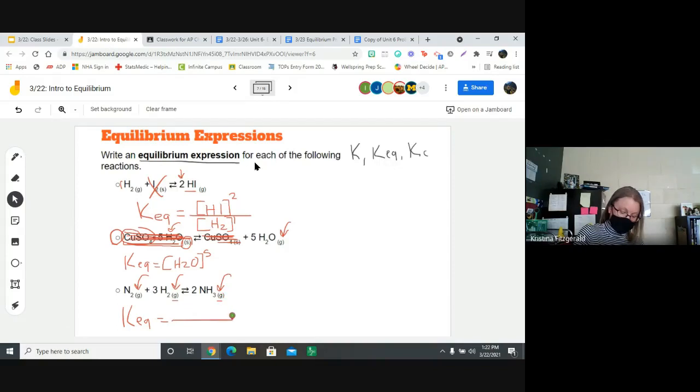So we've got our product, ammonia, NH3, and then square that one. And then our two reactants. N2 is not going to get an exponent because there's only one. And then H2 is going to be to the 3rd power. And that's that. That's just writing an expression.